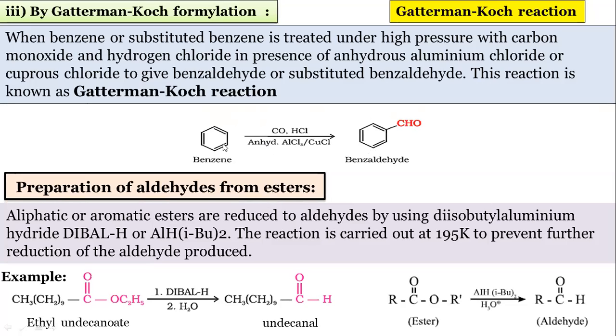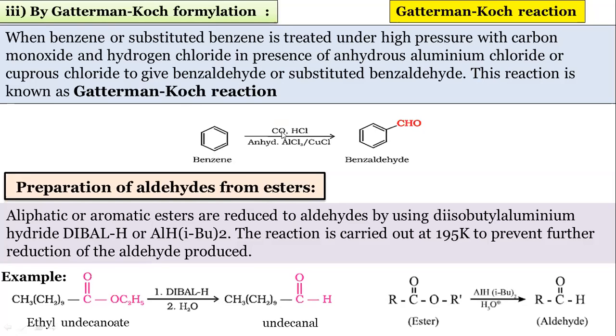In this method, see which catalyst and which reagent is used. Benzene or substituted benzene, we can use here chlorobenzene, aniline, toluene, any substituted benzene, under high pressure with carbon monoxide.